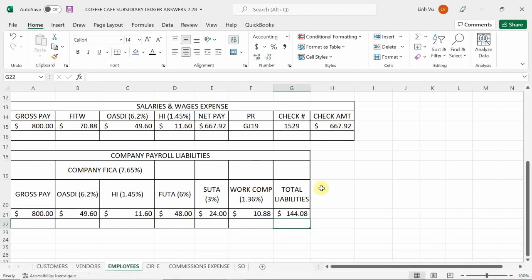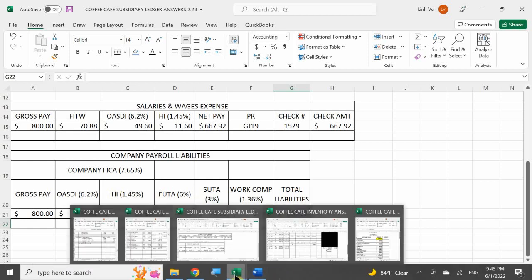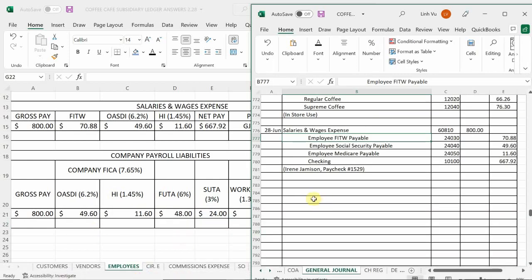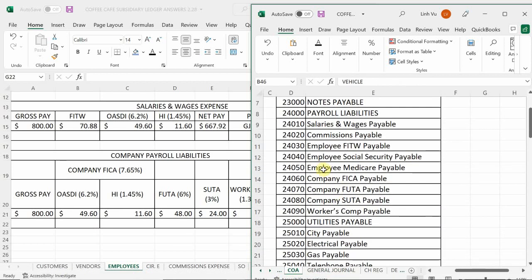And of course, because we dealt with the company's standpoint, right? That is exactly what we're going to be journalizing. We're going to go through the company's standpoint. So we got to go through company FICA payable, company FUTA payable, company SUTA payable, and workers' compensation payable. Okay, workers' comp payable.